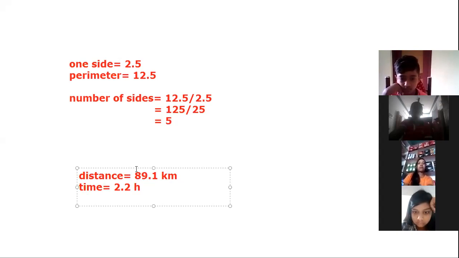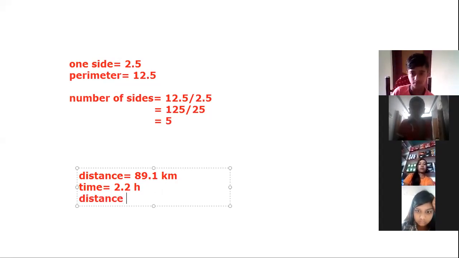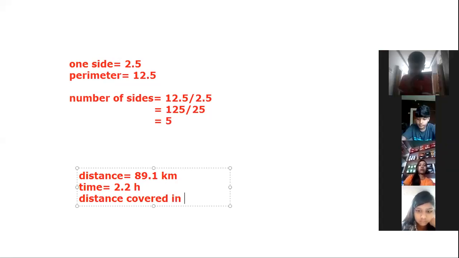The distance covered in 2.2 hours is 89.1 kilometer. Then what should be the distance covered in 1 hour? We have only 4 more minutes remaining.